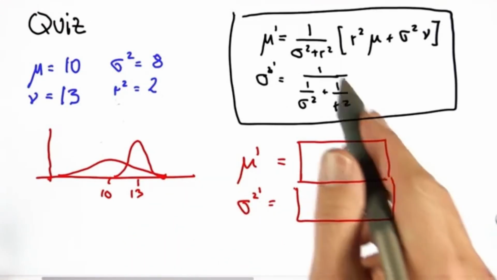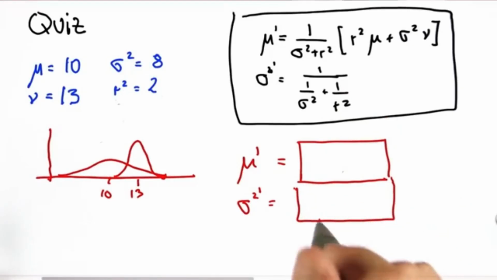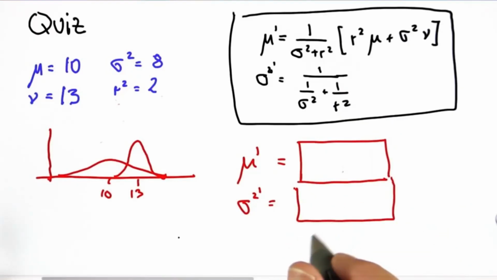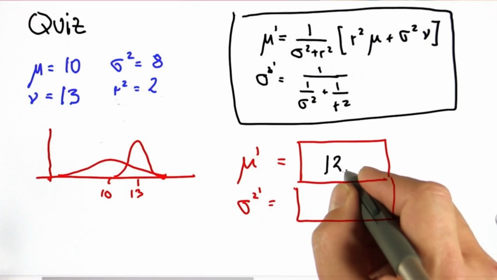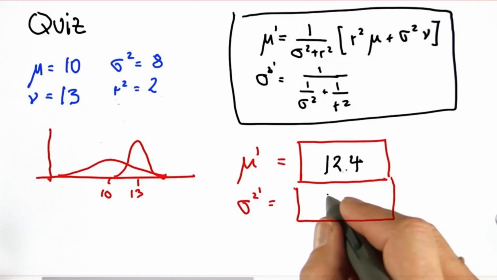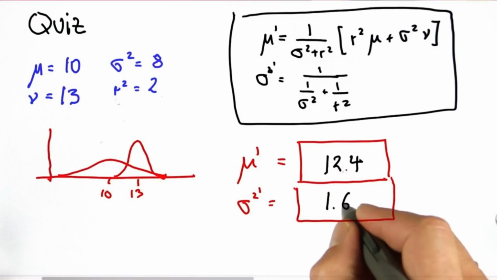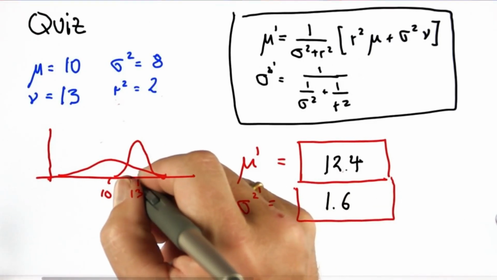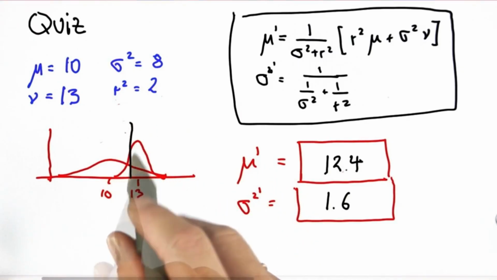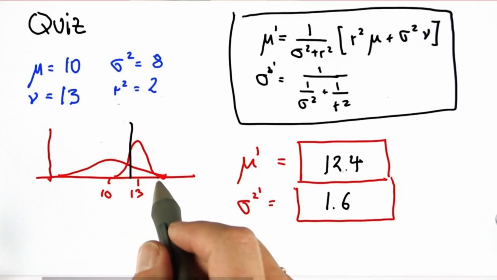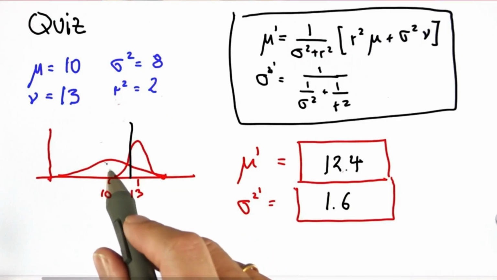Compute for me what the resulting mu prime and sigma square prime are. With a little bit of math, we find that the new mean is 12.4, and the new sigma square is 1.6. 12.4 is much closer to 13 than 10, and that's because the Gaussian centered on 13 has a much narrower variance than the one on 10.